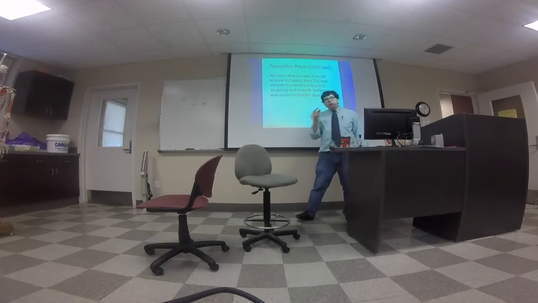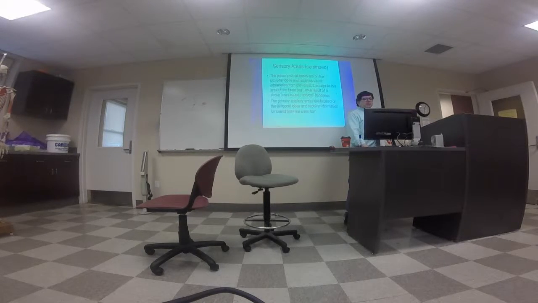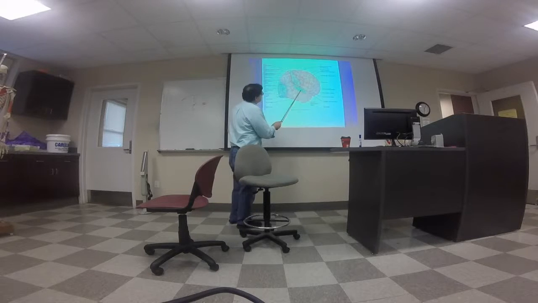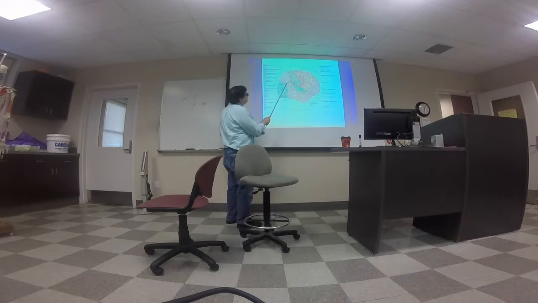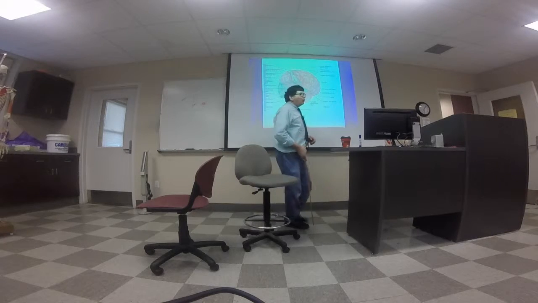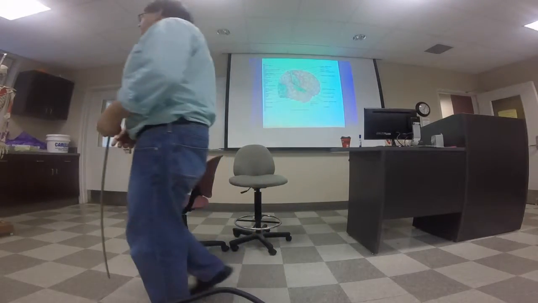Now, another association area is Wernicke's area. Let's go back to our color-coded map. We showed you before the auditory cortex. Well, behind it is Wernicke's area. It's where the temporal lobe meets the parietal lobe. And it's no coincidence that it's located right next to the primary auditory cortex.